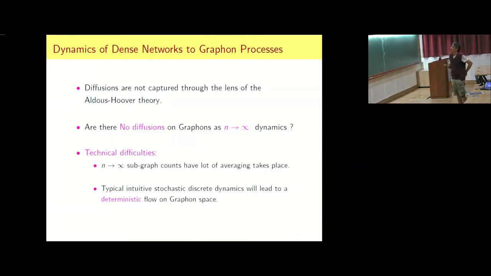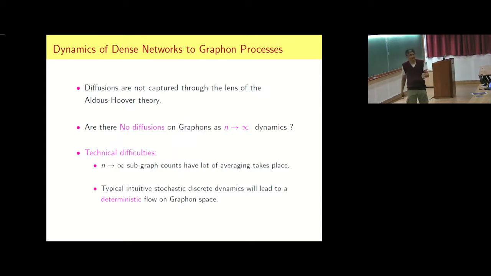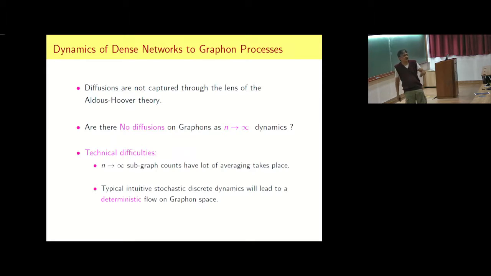Like I said, the n going to infinity setting has a lot of averaging, and with a typical intuitive dynamics, whatever you want, on and off, it'll just vanish in the limit. You get a deterministic flow, an ODE. You won't get a nice, interesting random process. So you have to do something drastic.